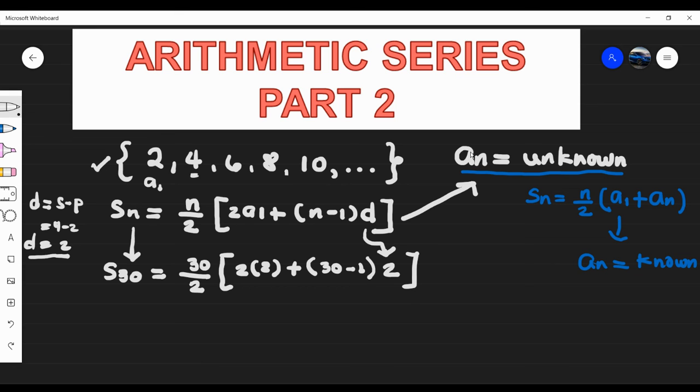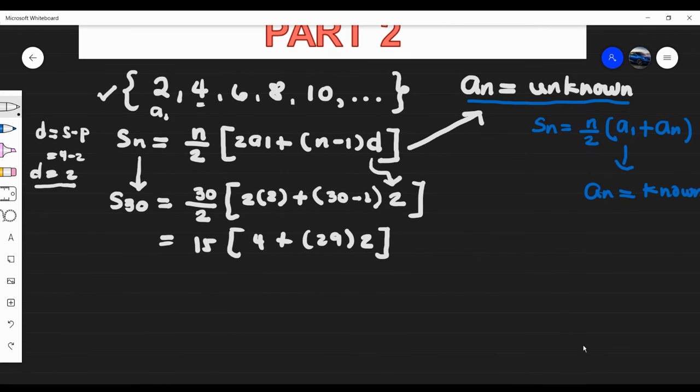Okay, let's continue the procedure. So now we have 30 over 2, which is 15, times the quantity 4 plus 29, so 30 minus 1 is 29, times 2. Now, this is going to be 15 times 4 plus 58, since 29 times 2 is 58.